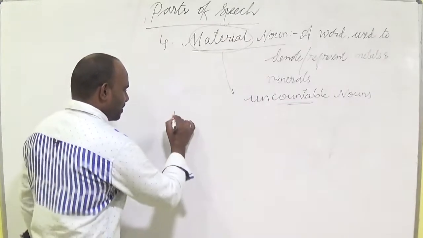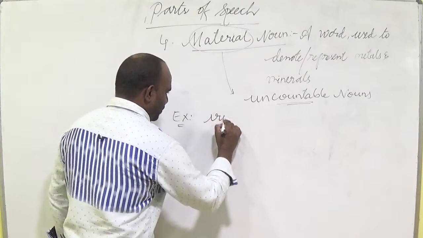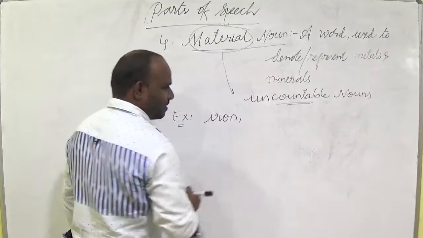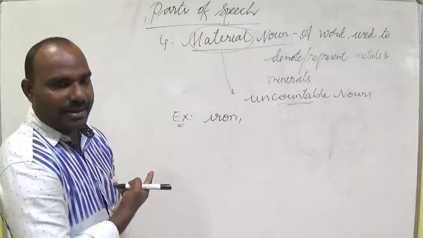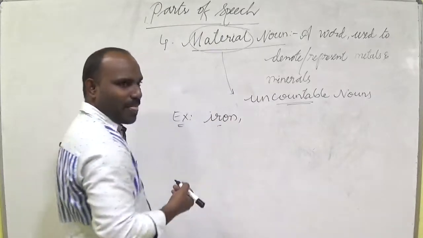Examples for material nouns are: you can write iron. Iron is an example of a material noun, of course, it's a metal.